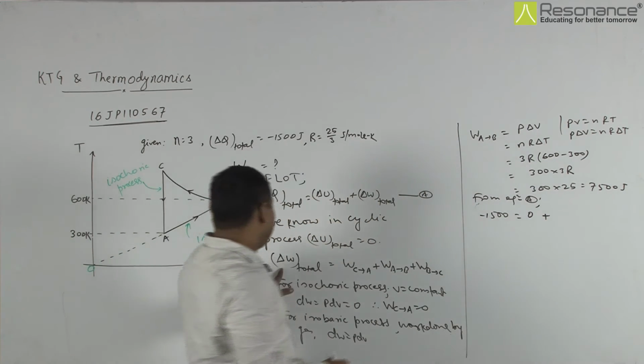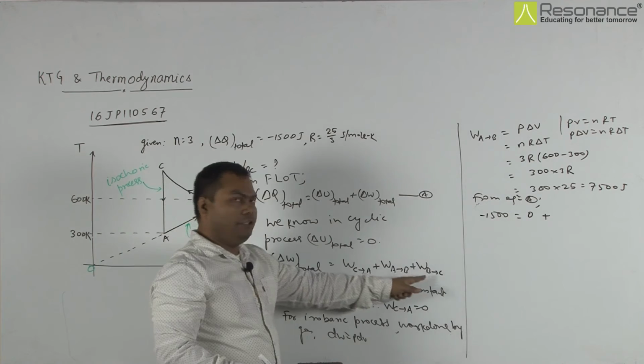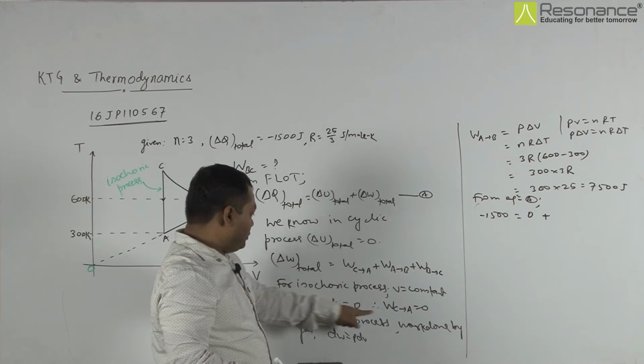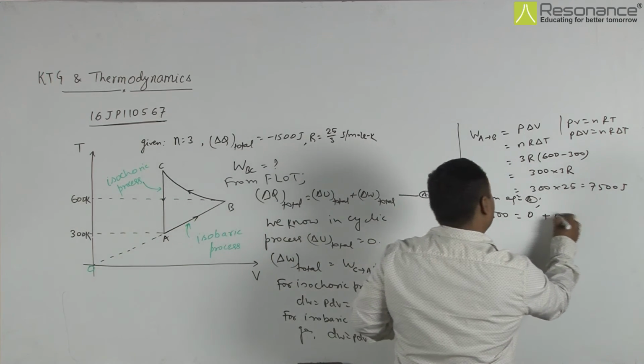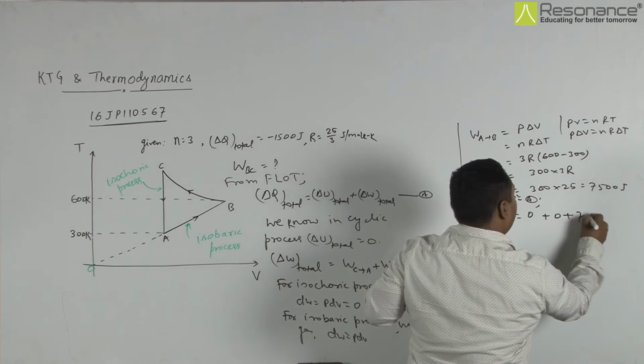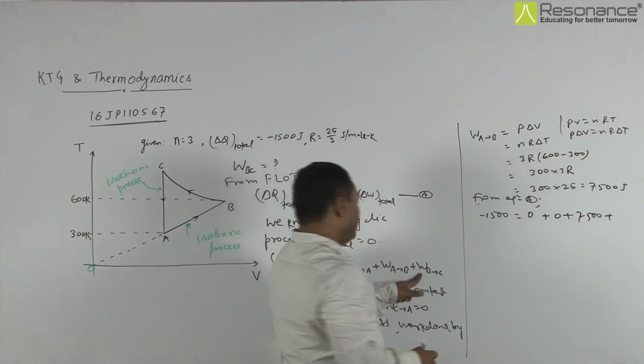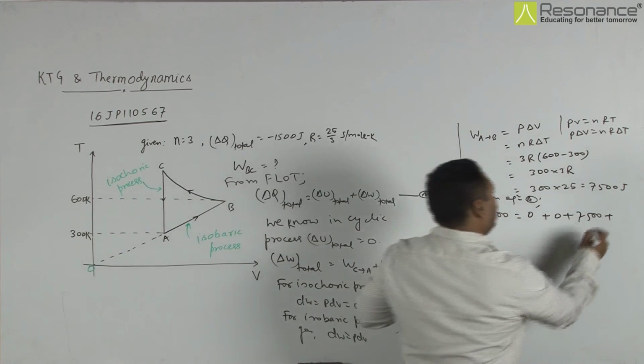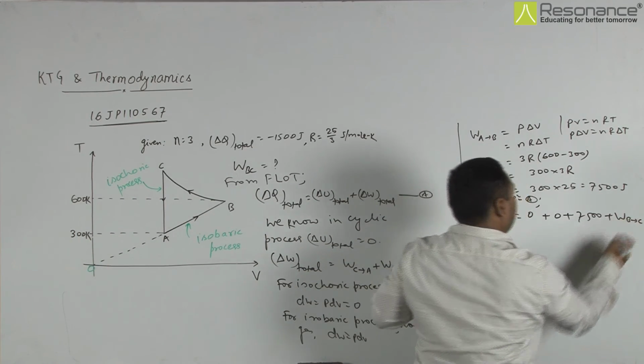plus delta W total, which is summation of all these three, in which W CA is 0, we have calculated, W AB, which we have calculated as 7500, plus W BC, which is our desired thing to be found.